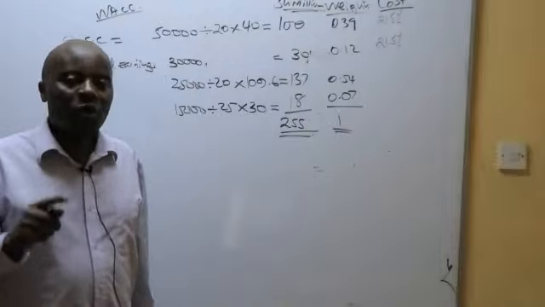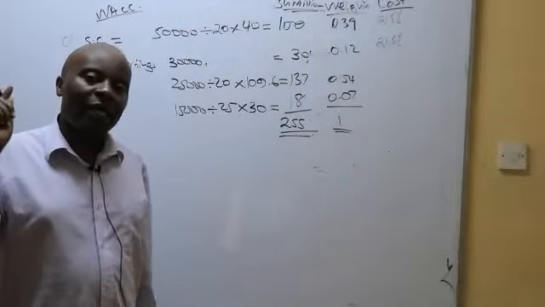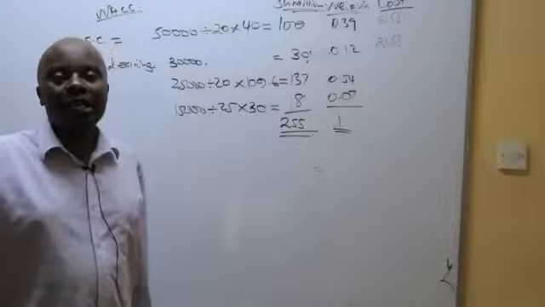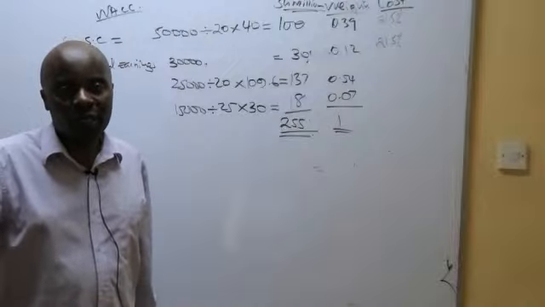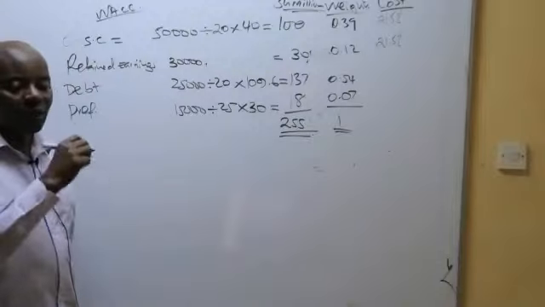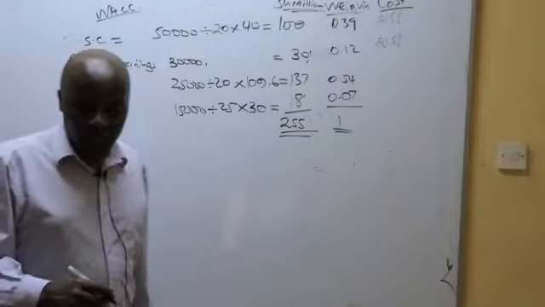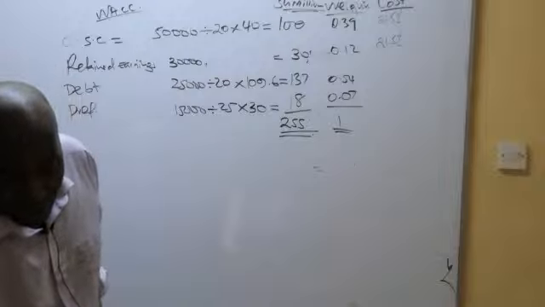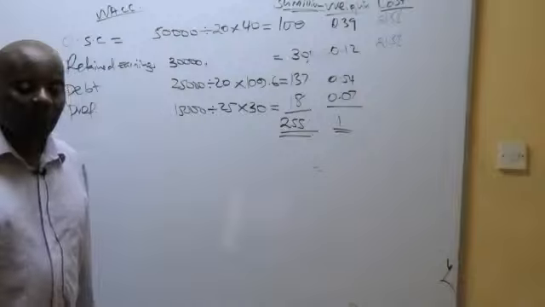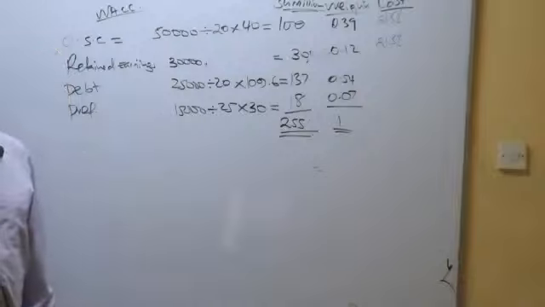If flotation cost was there, then automatically the cost of equity ordinary shares would have been different from cost of equity retained earnings, because ordinary shares would have taken into consideration the flotation.